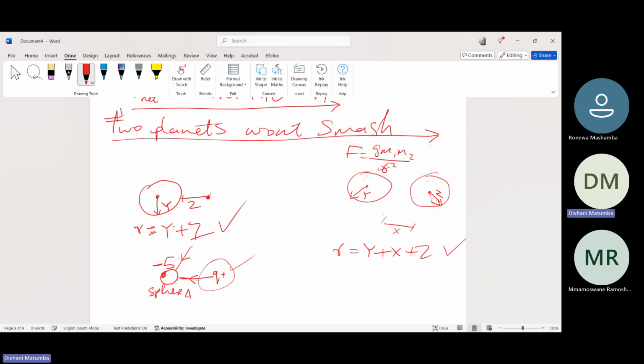Your positive test charge will go towards the left. Do you agree? Yes, sir. Let me delete this one because I don't want to confuse you. That's how you determine the direction of the electric field. And also, a test charge is a charge, nonetheless.